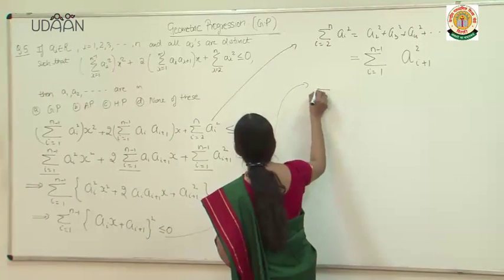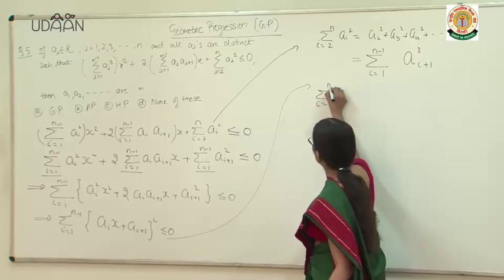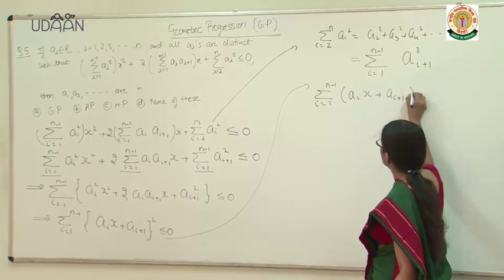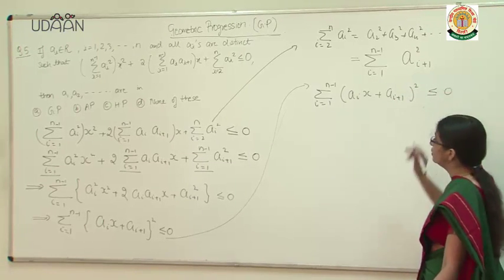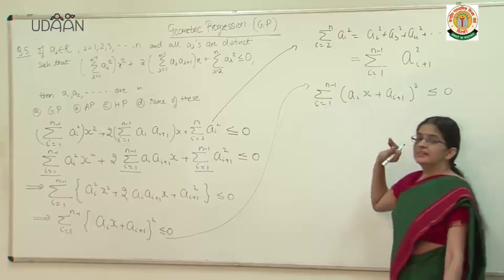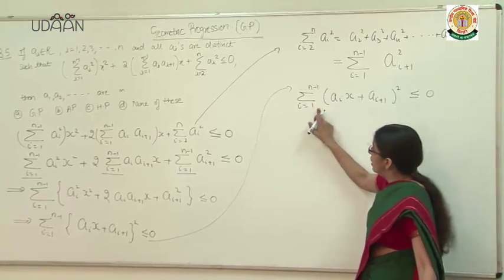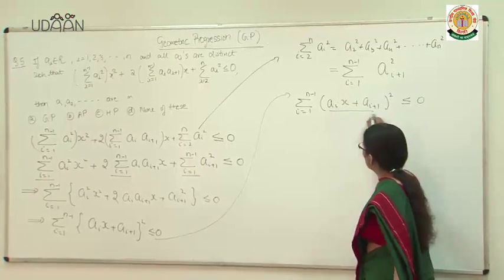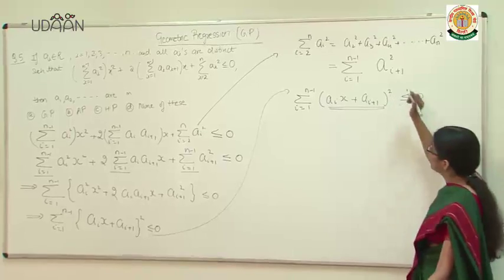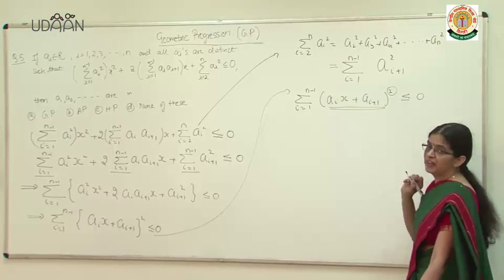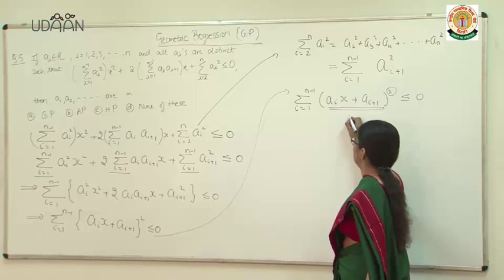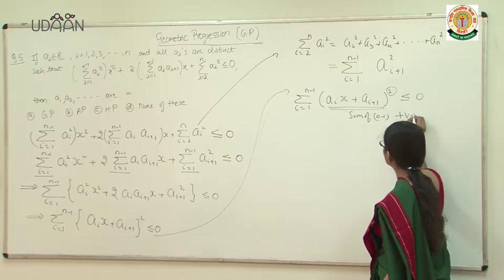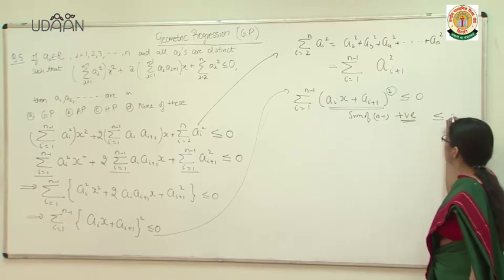We have sigma i equal to 1 to n minus 1 of ai x plus ai plus 1 the whole square less than or equal to 0. On the left hand side, how many terms are there? i varies from 1 to n minus 1. That means n minus 1 terms are there and each of them is non-negative. Why? Because of this perfect square. So on the left hand side we have the sum of n minus 1 non-negative terms less than or equal to 0.